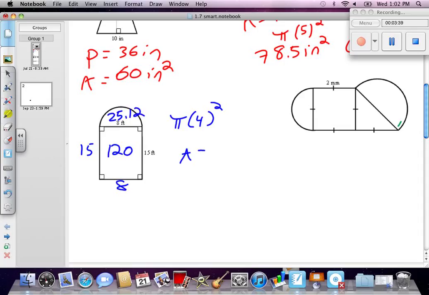So the total area is 145.12 feet squared. Okay, but that's just the area. We also have to find the perimeter. So let's find the circumference of that circle on top. I'm going to do 2 pi 4, and then I'm going to divide the whole thing by 2 because it's half a circle.